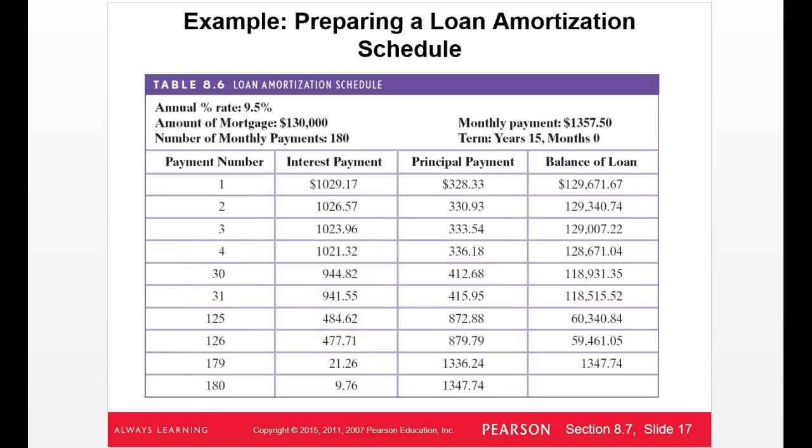That's what's happening each time, because we are actually applying all of this column to the principal. The amount that we're determining the percentage by goes down, so we're getting less and less interest each time, and then we subtract that from the monthly payment, which leaves a higher and higher principal payment each month.